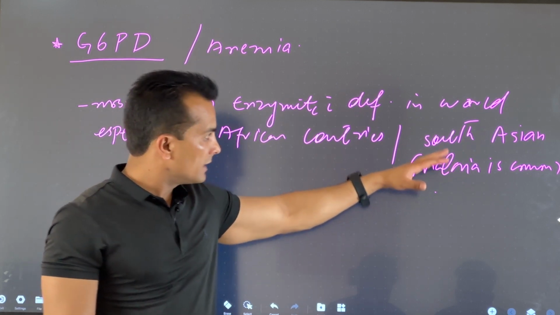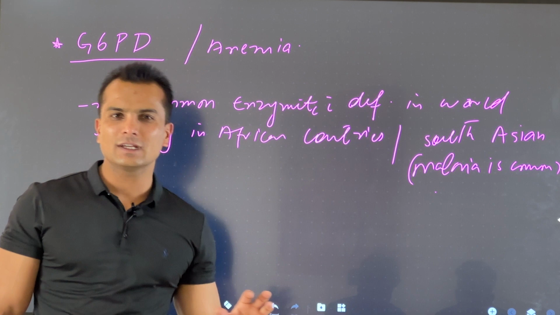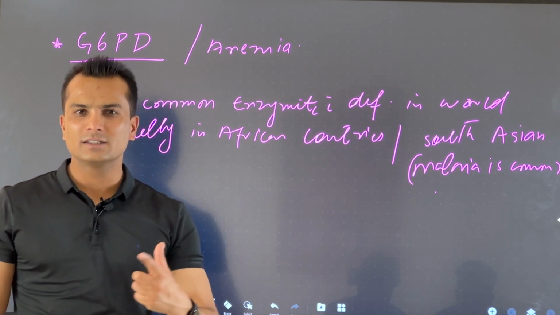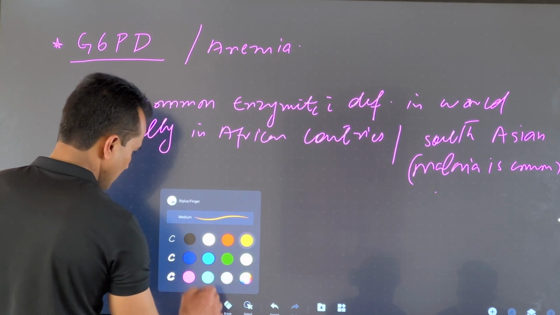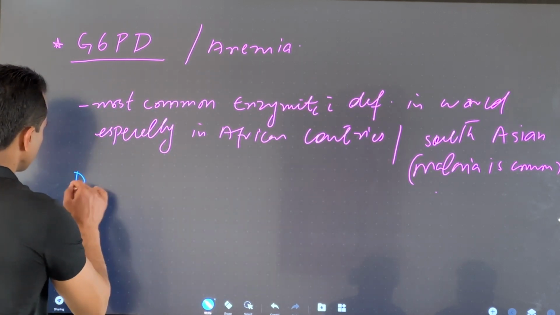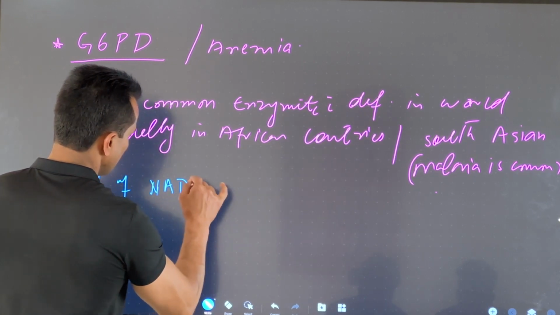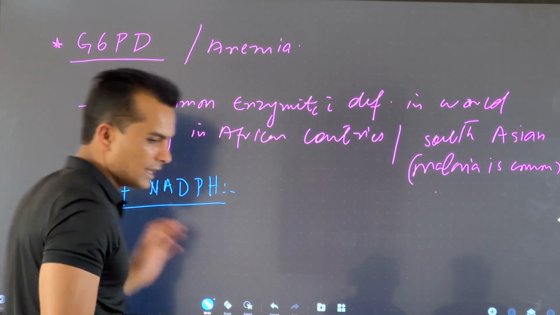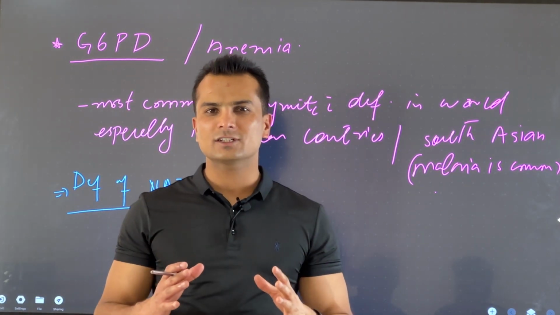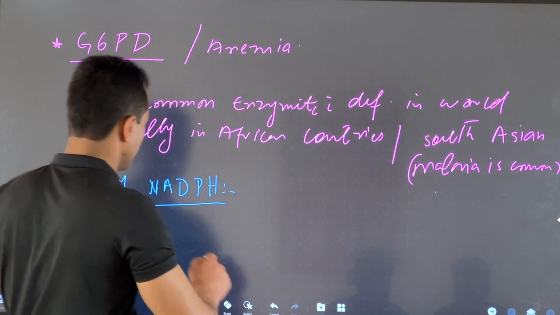So G6PD deficiency means, in other words, there is deficiency of NADPH. And when there is deficiency of NADPH, there will be oxidation of glutathione, and there will be destruction of the red blood cells.